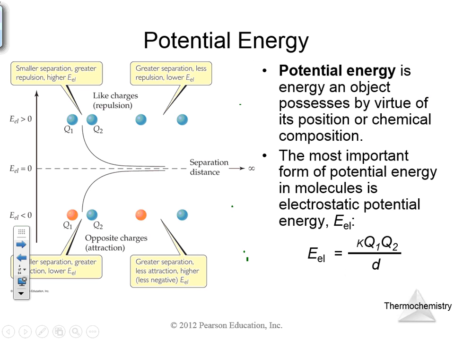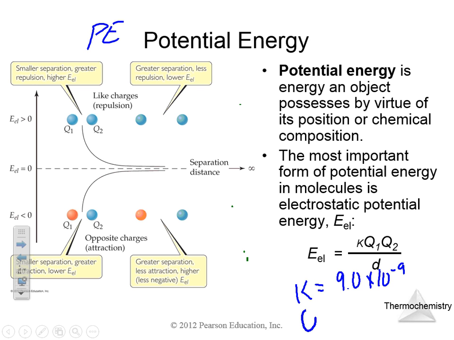What is potential energy then? Kinetic energy was KE. Potential energy obviously is PE. Now there's two different types of potential energy really. You can have the electrostatic potential energy that molecules have, and that equation has a constant. The potential energy that molecules have is equal to k times Q1 times Q2 over d. Now, what do each of those stand for? k is a constant in that equation, which is equal to 9.0 times 10 to the 9th.